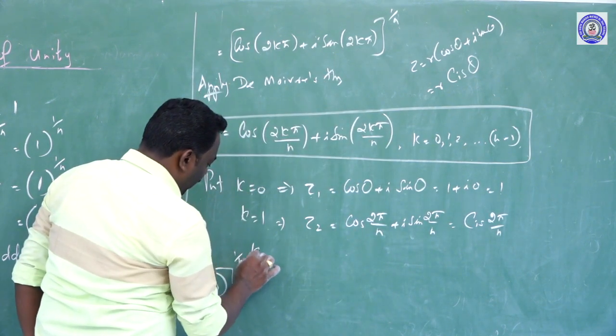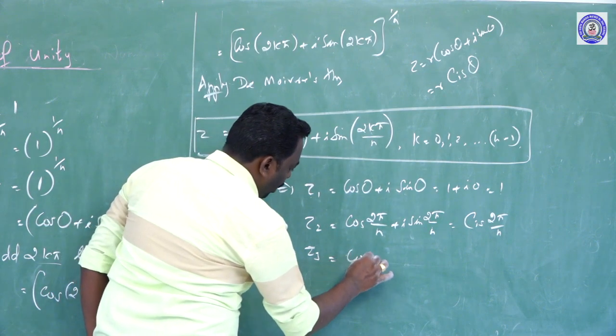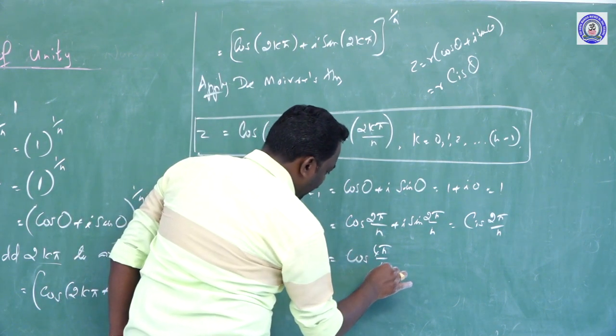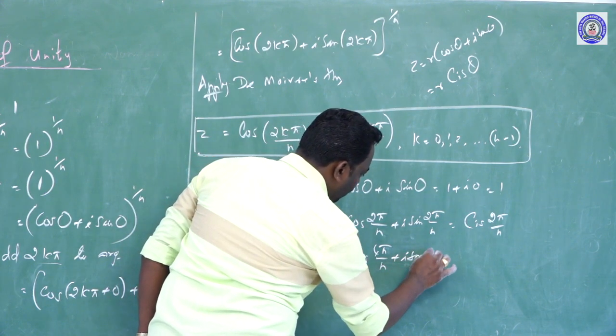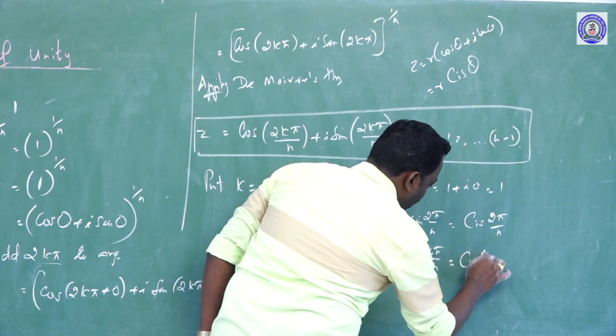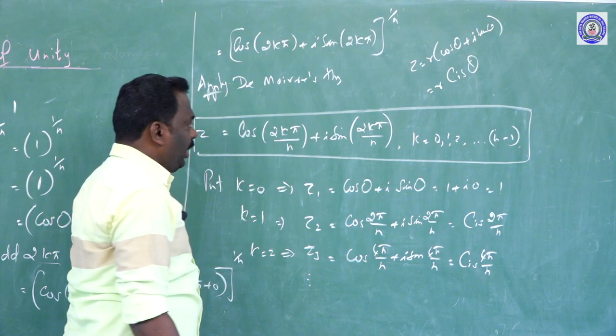Similarly, we can put the k value equal to 2, which implies z3 is equal to cos of 4 pi by n plus I sin of 4 pi by n, that is equal to cis 4 pi by n, and this continues up to n minus 1.